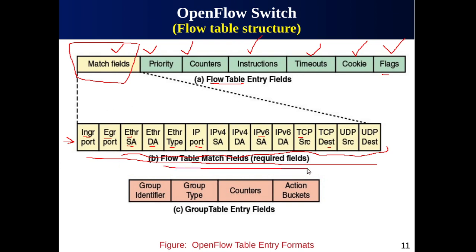We also have subfields that are not mandatory, they are optional. For example, the physical port, metadata, VLAN identifier, and ICMP, ARP, different types of protocols, ICMP version 6, tunneling information, TCP flags, IP version 6 extension fields, and plenty of things.